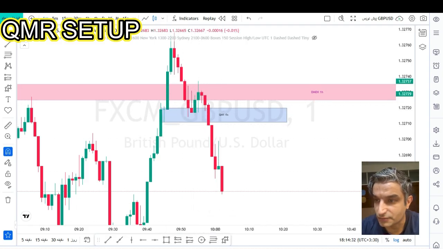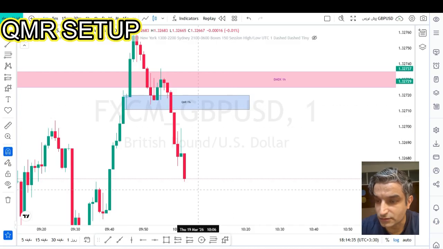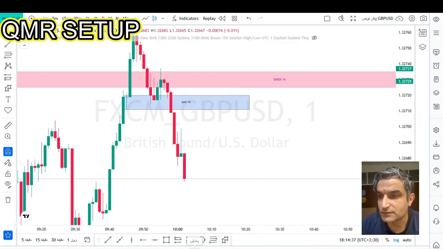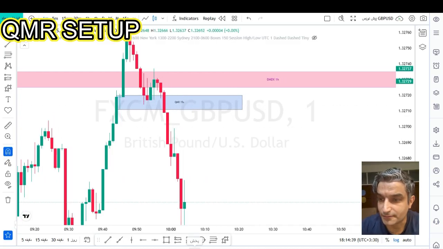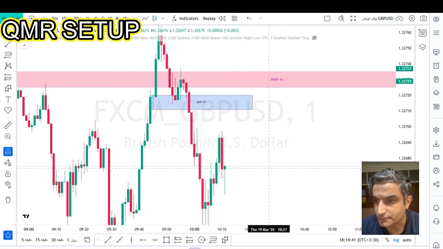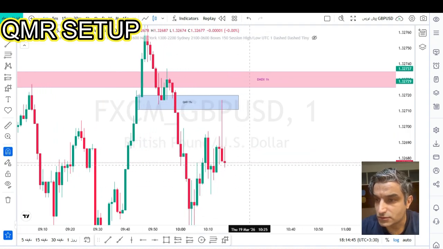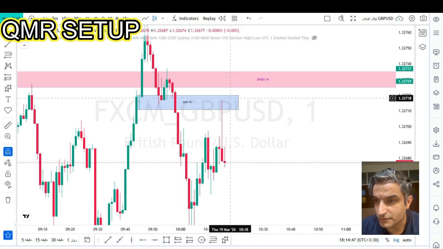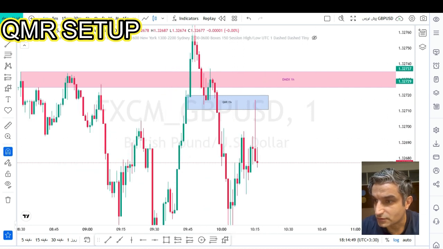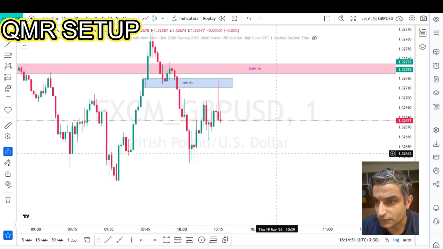We wait for price to come to this area, and if it's possible, we try to enter the market. As you see, price has a very fast reaction to this area. Okay.